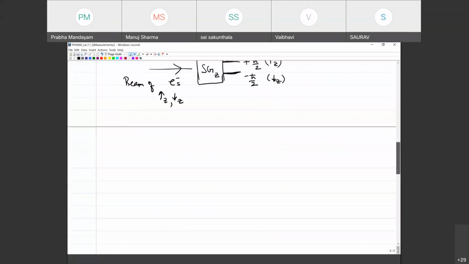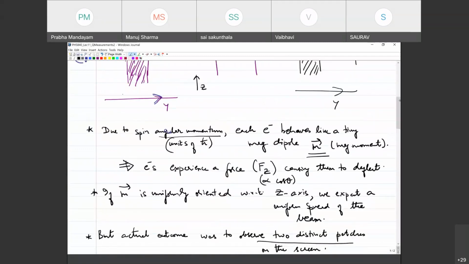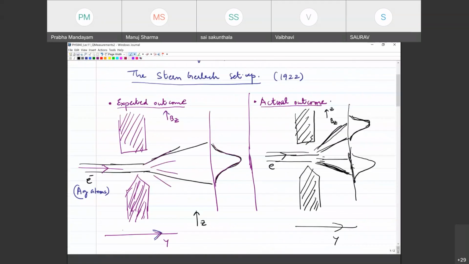You will observe some fraction of these electrons being observed in this patch. That's why you have these two patches, right? There's some fraction of particles going here and some fraction going here. On the screen, it should ideally be a very narrowly distributed peak.